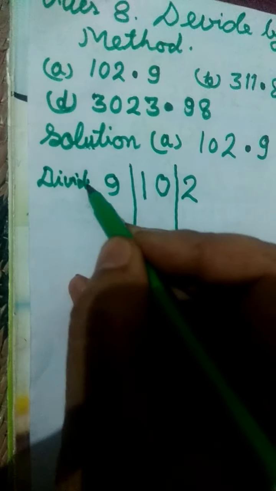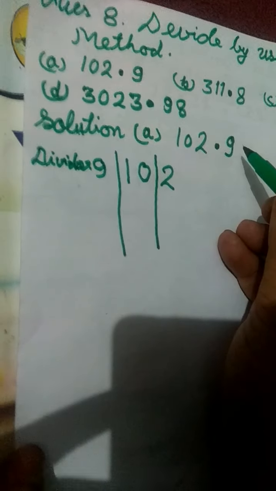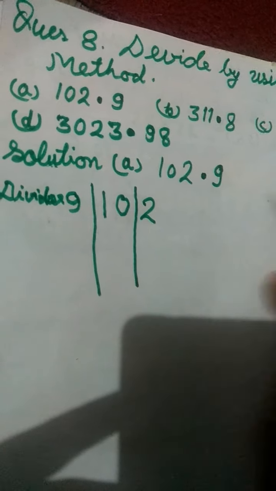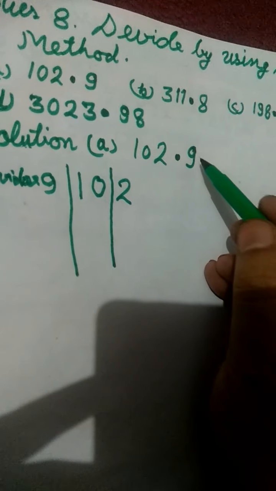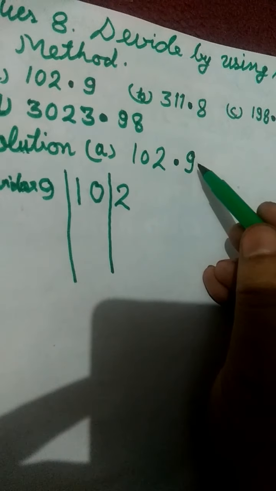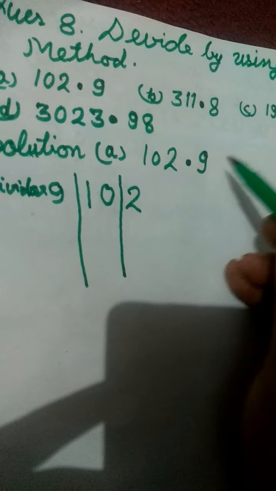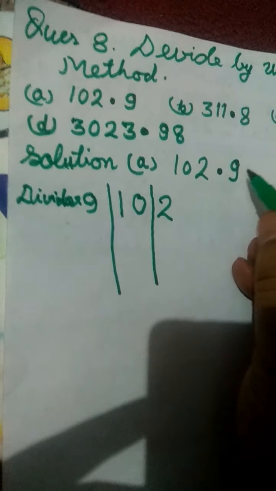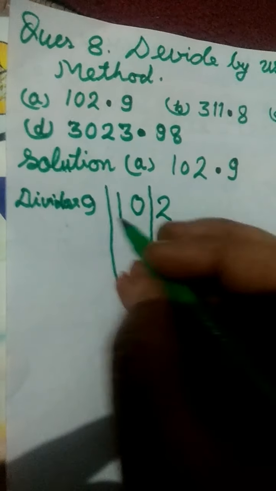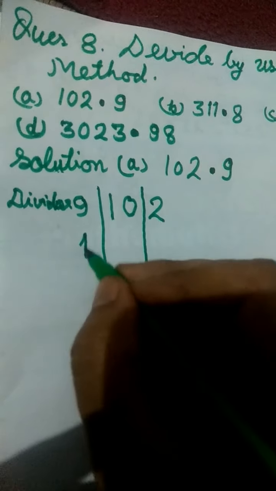The divider 9 is here. The greatest two-digit number is 10, and we subtract 10 minus 9 equal to 1.